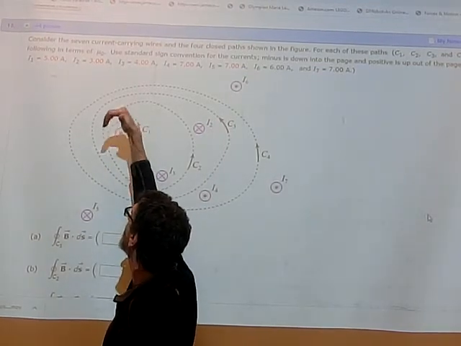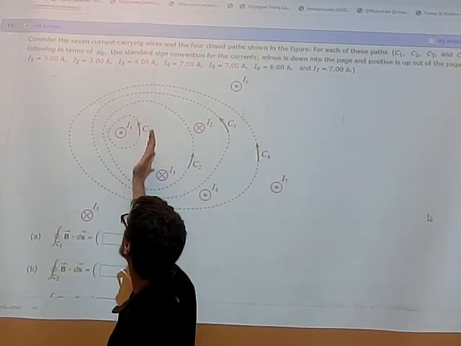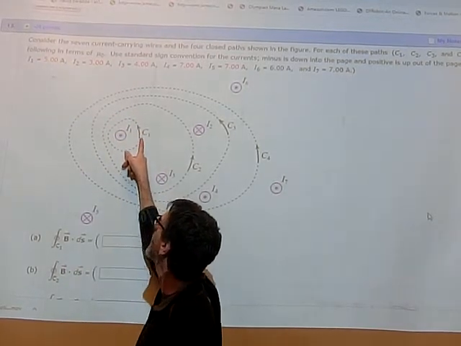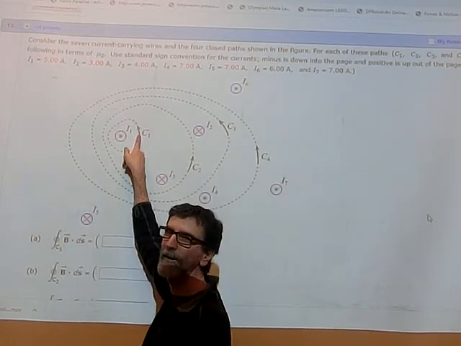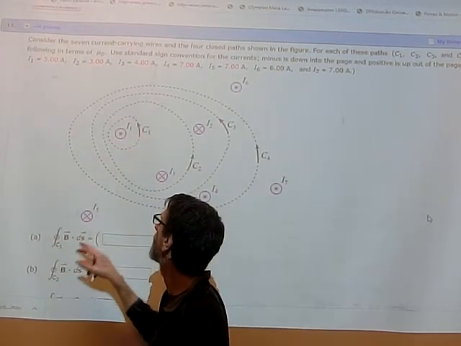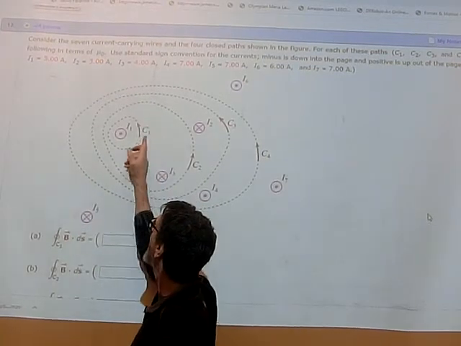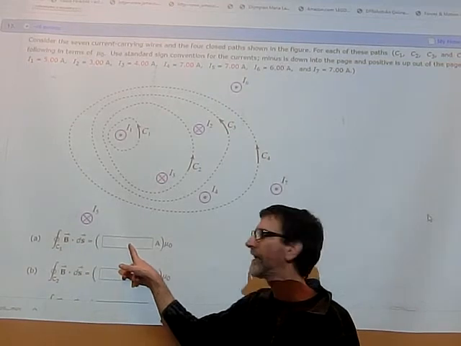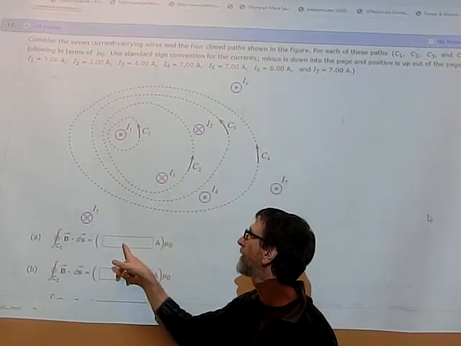Using our right-hand rule, the field circles counterclockwise. Notice my fingers, that counterclockwise field, arc in the same direction as this arrow here that they're going around the loop, doing the line integral with. So when B and that arrow point the same way, then you put a positive answer down here. So in this case, you just put +5.